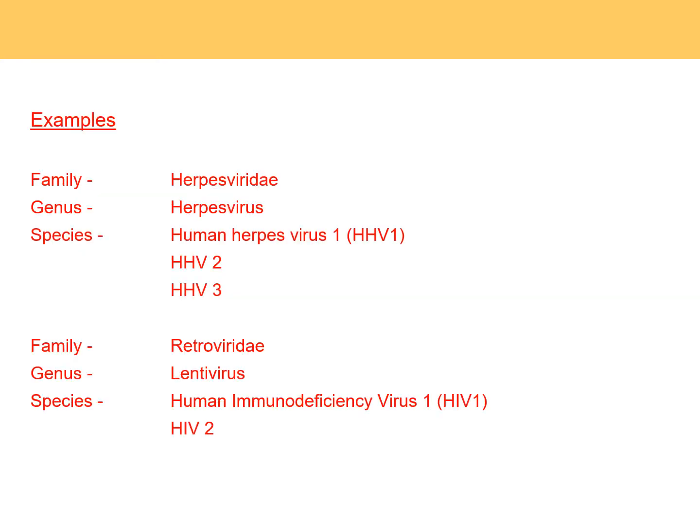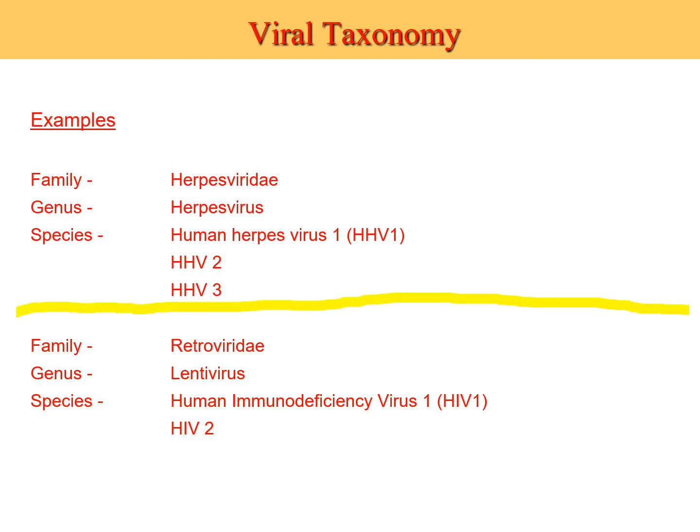And let's just look at some examples of that. If we were to look at these two examples, I'll split it in half. If we were to look at human herpes virus 1, this belongs to the genus herpes virus, and the species is HHV1.